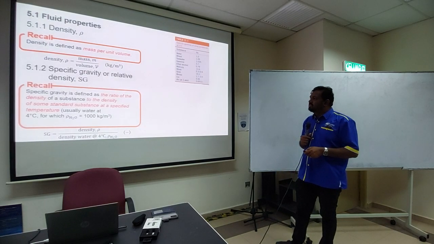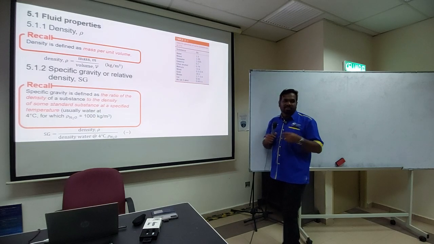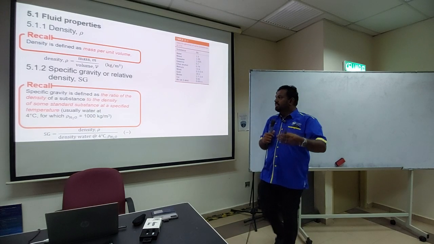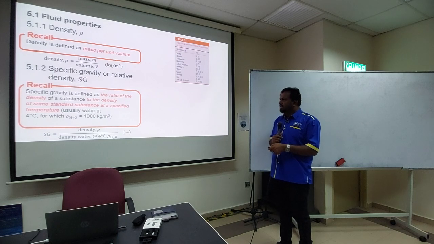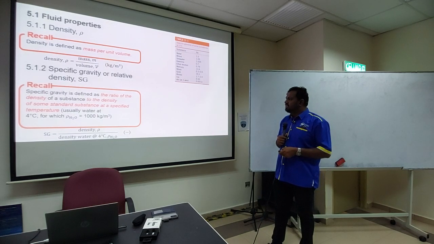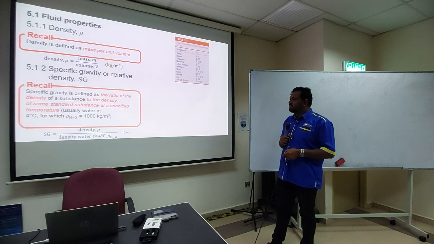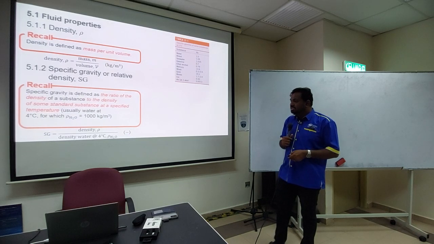Then we have a specific gravity or relative density. So this is a density also, but it is based on relative. Relative means is a relation with something. We always write as Sg, stands for specific gravity. So if we recall from the previous chapters, specific gravity is defined as the ratio of the density of a substance to the density of a standard substance at the specified temperatures.